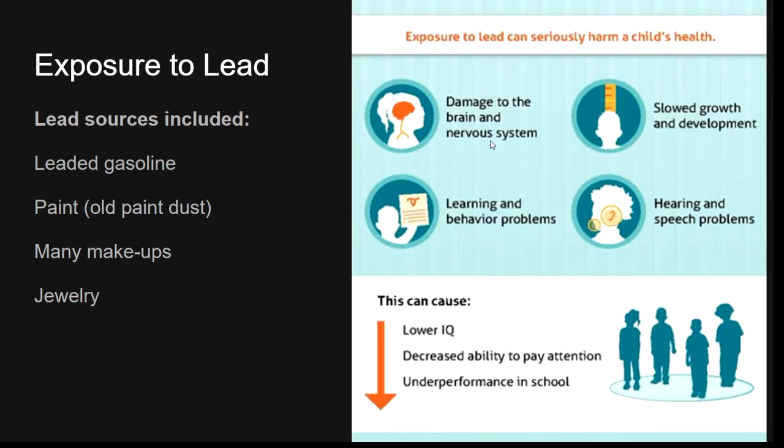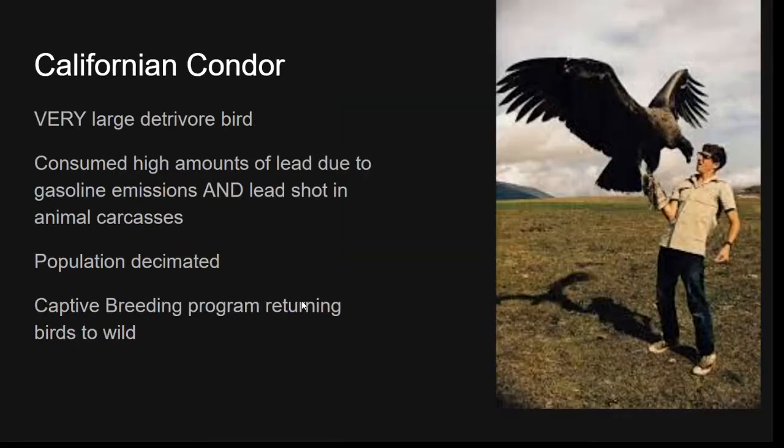So it causes damage to the brain and nervous system. It slows their growth and development. It can cause learning and behavior problems, speech and hearing problems. Together, those lower the IQ, decrease the ability to pay attention, and lead to underperformance in school. And that's just being exposed to lead.